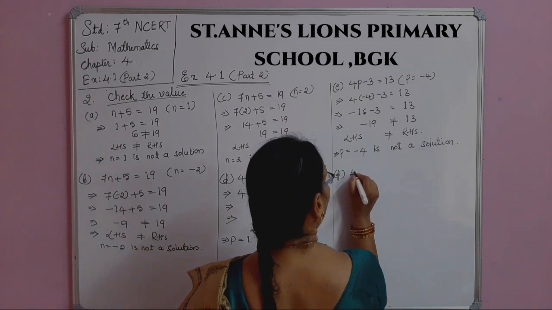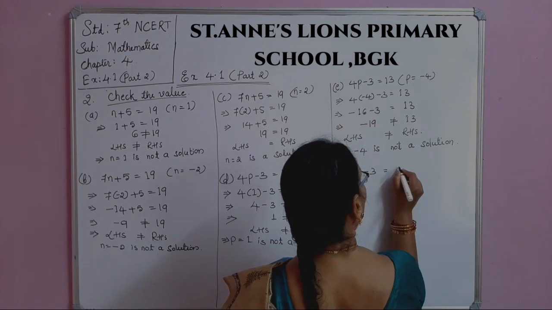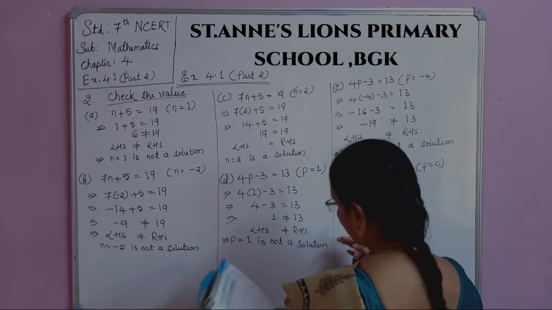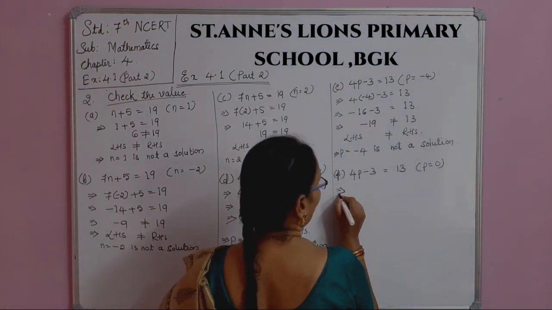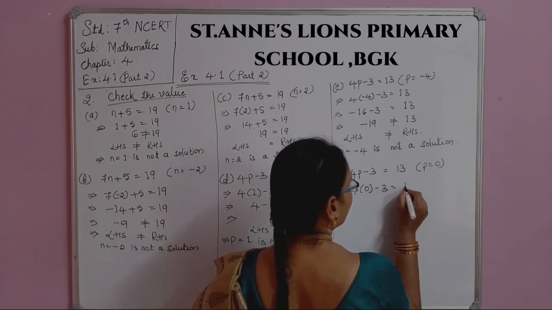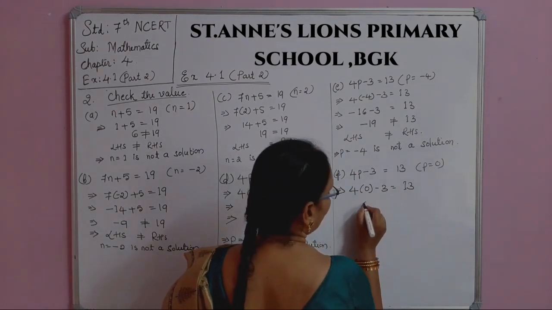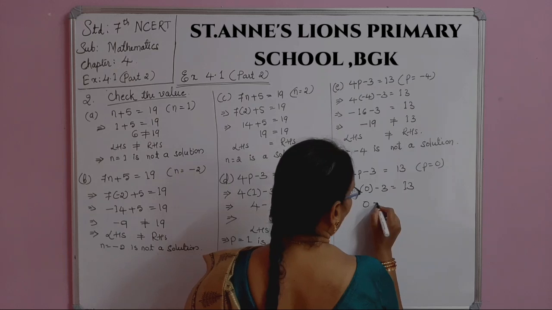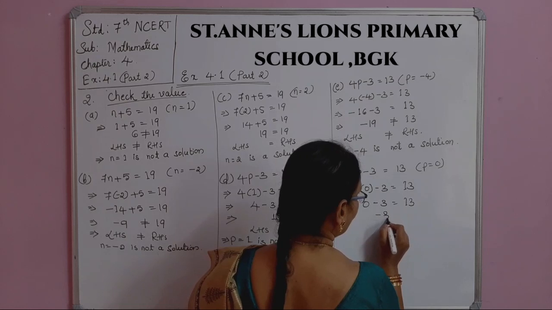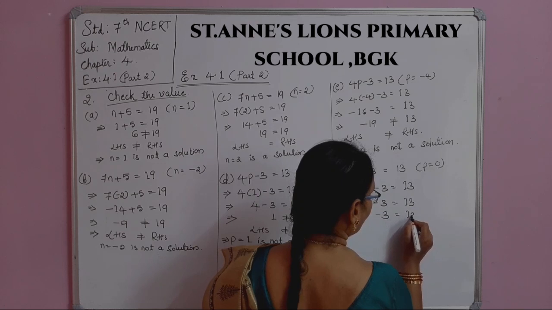Next one, the last in the second main, that is F: 4p minus 3 is equal to 13. The value of p is 0. So 4 into 0 minus 3 is equal to 13. 4 zeros are 0, minus 3 is equal to 13. 0 minus 3 is minus 3, which is not equal to 13.